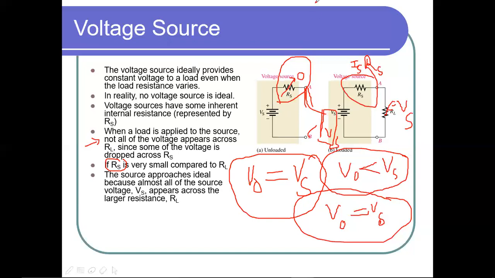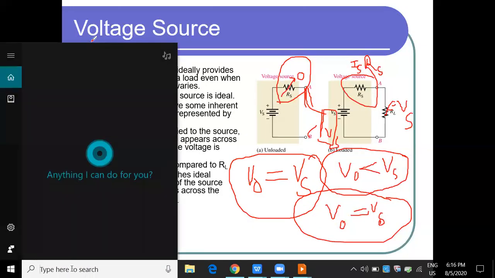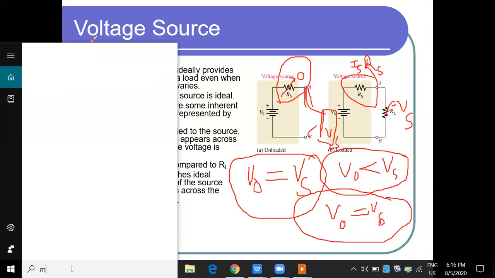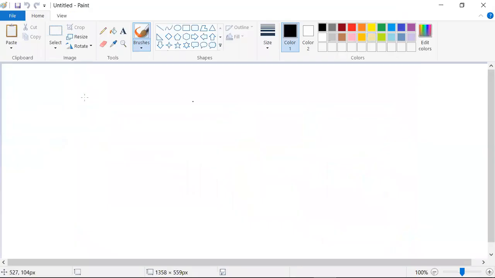Let me move to the Paint app. Let's see the ideal voltage source first.